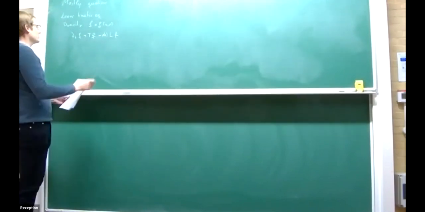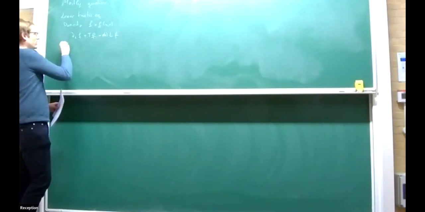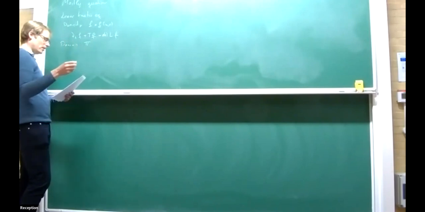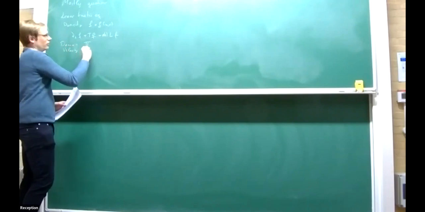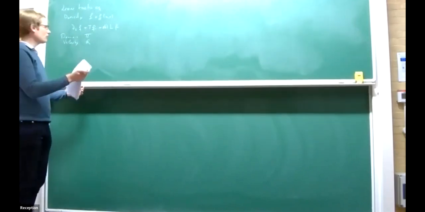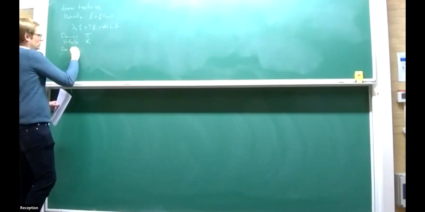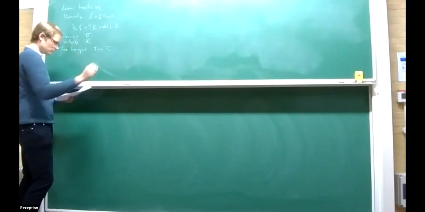If you want something concrete, the easiest thing is to take the torus as the spatial domain. For the velocity, we just take the whole real numbers for possible velocities. We just have the free transport, so T is nothing but v times dx.